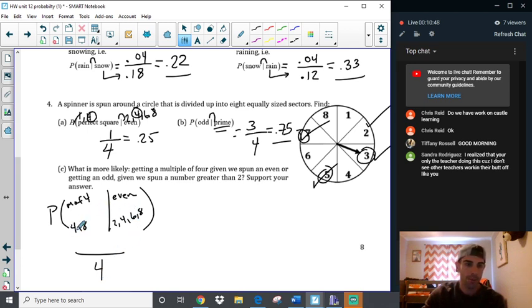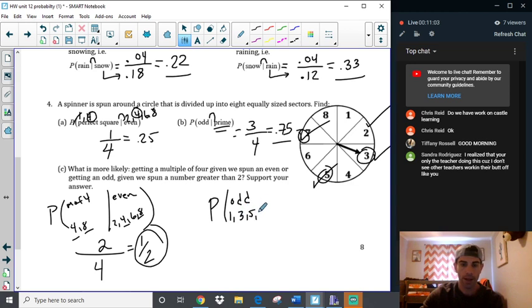Now what's in common between here? 4, 8, 4, 8. That's 2 numbers. So you have a 1 in 2 chance there. Or getting an odd. Who are my odd numbers? 1, 3, 5, 7. Given we spun a number greater than 2.